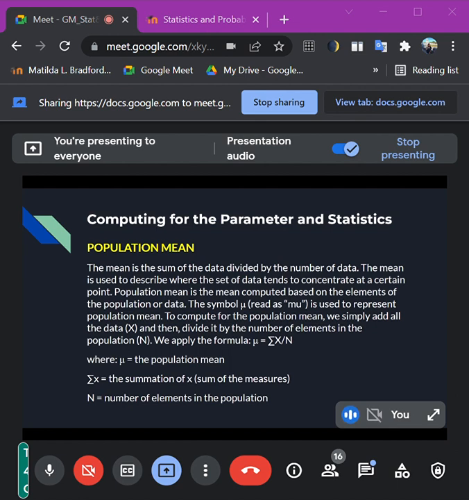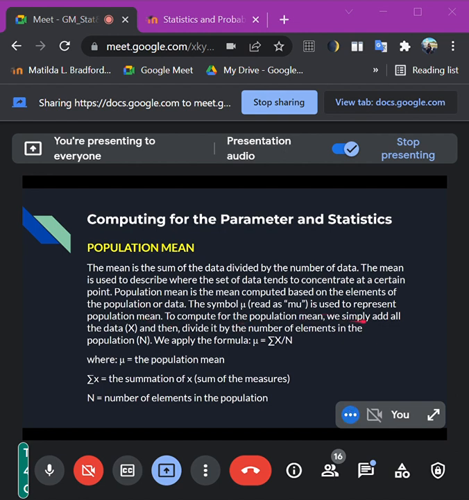The mean is used to describe where the set of data tends to concentrate at a certain point. The population mean is the mean computed based on the elements of the population. We're going to read that as mu. Mu is used to represent the population mean. So be careful, class, because each of these has different symbols, so that you won't be confused.